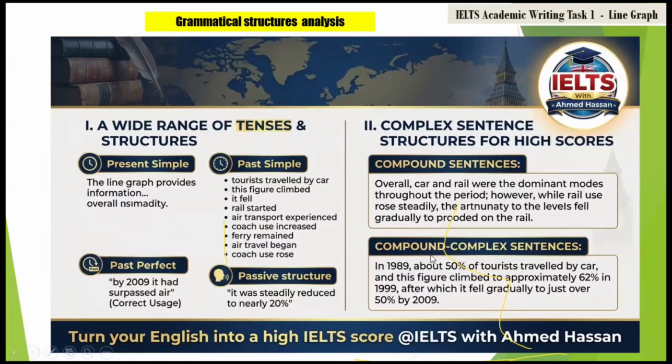Compound complex sentence. Why is this sentence a compound complex? What is the meaning of compound complex sentence? A compound complex sentence is a sentence that should contain at least two independent clauses and at least one dependent clause.